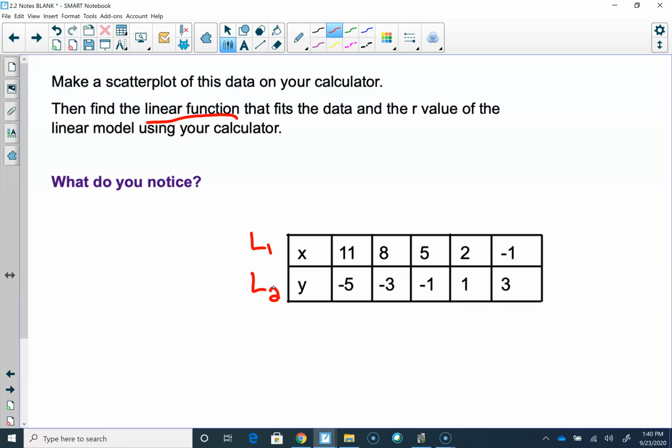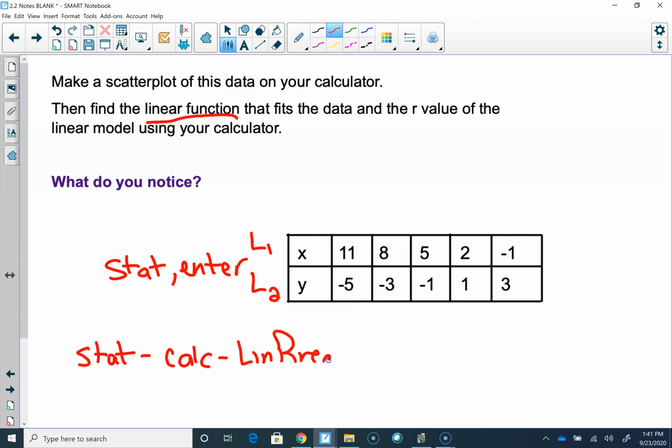And then to find a linear regression, we're going to go from stat, enter. And then we're going to put those in the list just to give you an overview. And then I'm going to take my stats and I'm going to calculate a linear regression. And that is going to give me my equation rounded to the nearest thousandth.